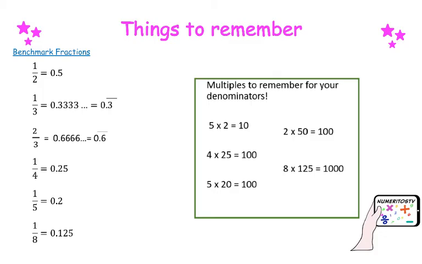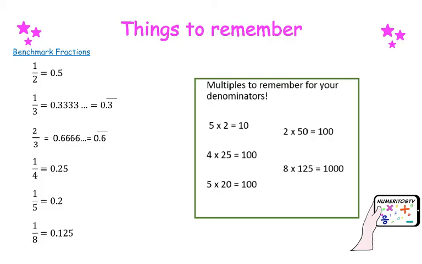Other things to remember when you convert fractions to decimals are benchmark fractions. If you memorize these benchmark fractions that you have written here, everything is going to be much easier. When you do all these calculations, these benchmark fractions are going to be useful. So take a screenshot now too to have this saved somewhere in your computer.